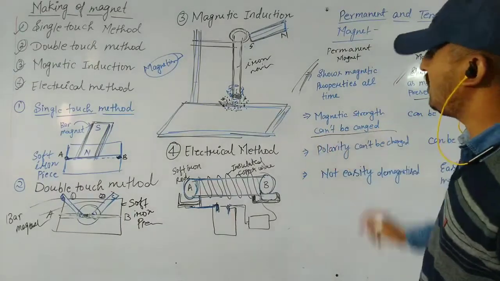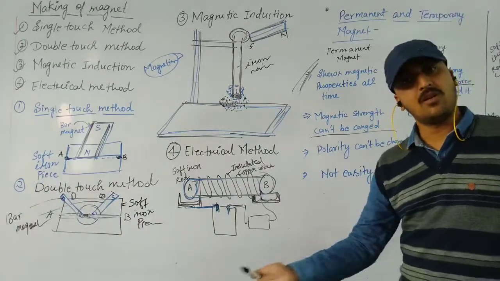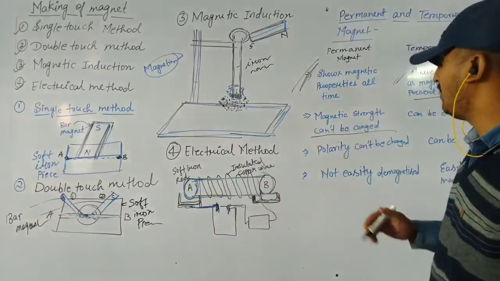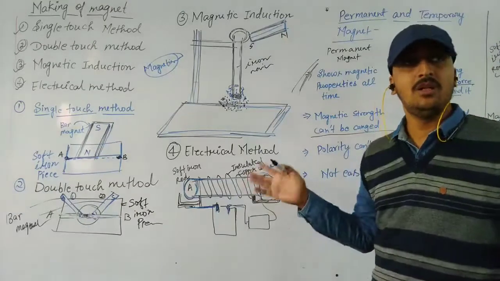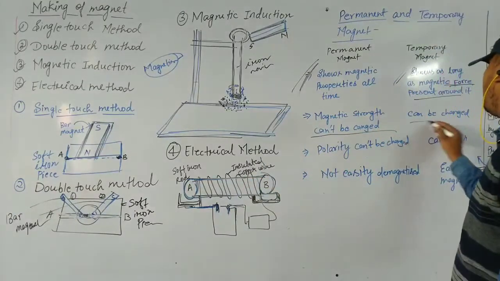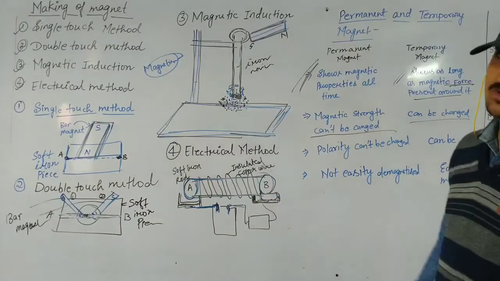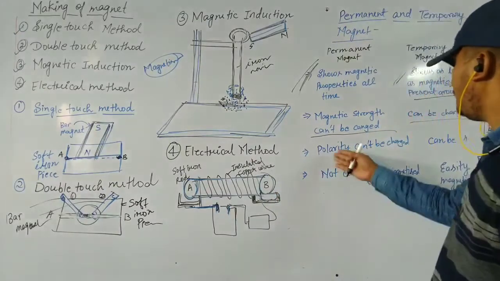Magnetic strength can't be changed. I had already said we cannot change the magnetic strength of a permanent magnet, but we can change the strength of a temporary magnet, as we discussed here.